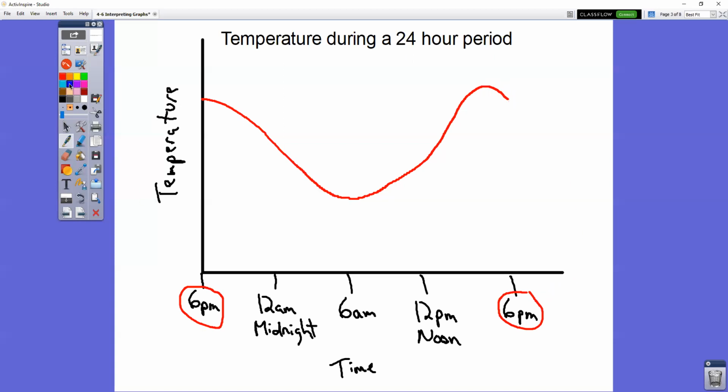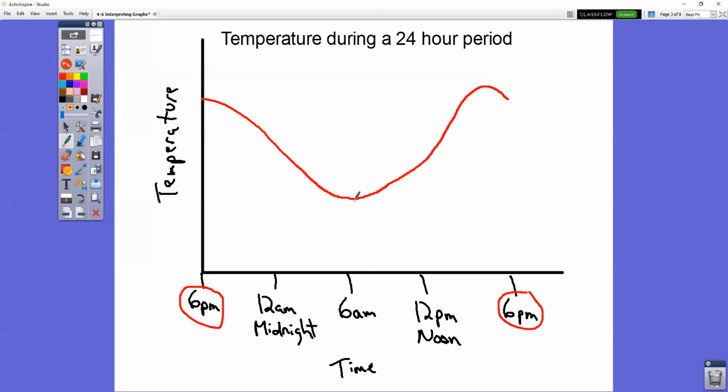So a sciencey type question or a math type question might ask, at what time of day, according to the graph, we're just looking at the graph, is the temperature the lowest? Well, what you would have to look at is, where is my graph the lowest?